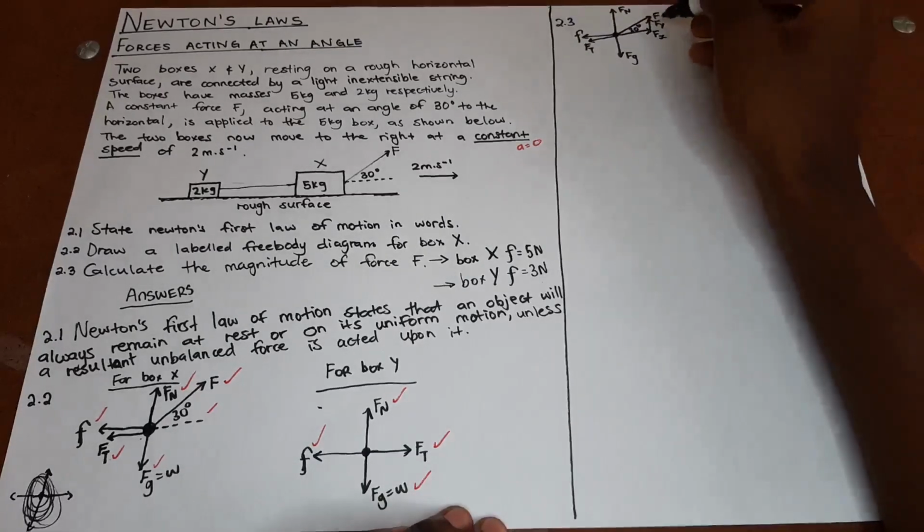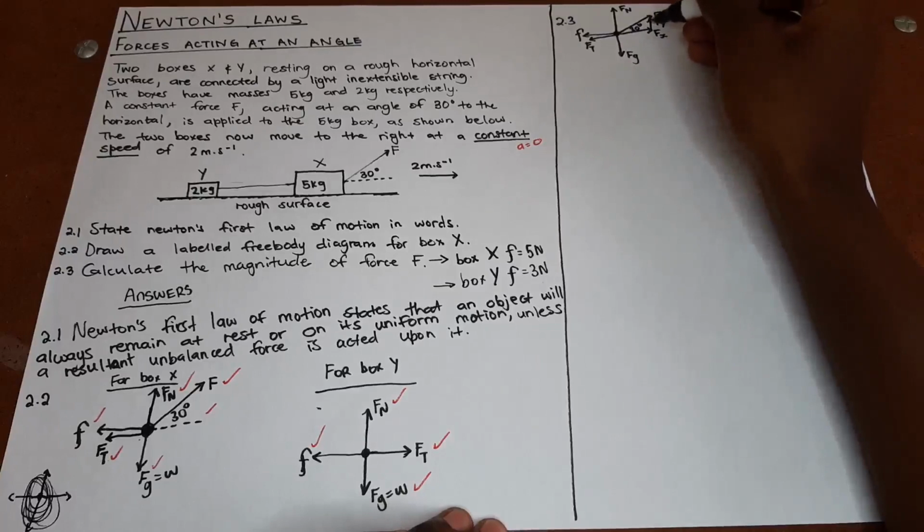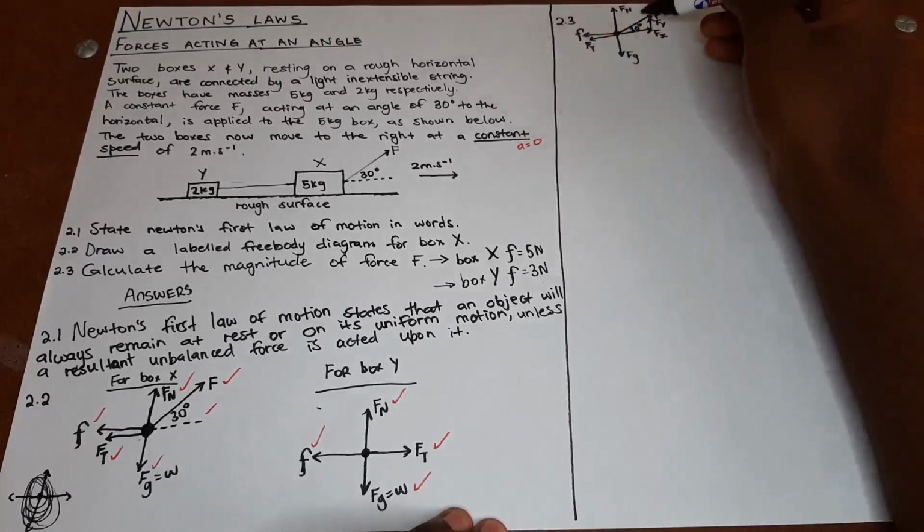So you know that Fy is the opposite side, and the side created by the applied force F is our hypotenuse, and this side created by Fx is our adjacent side.